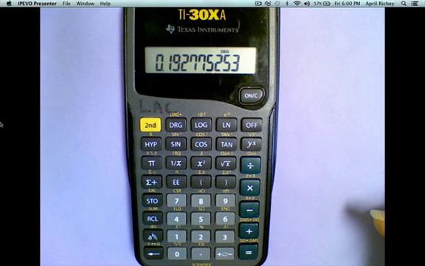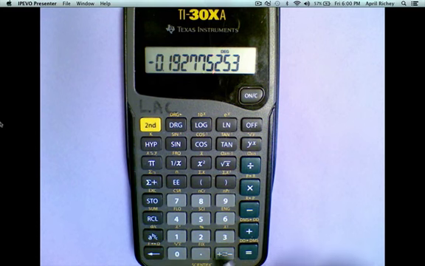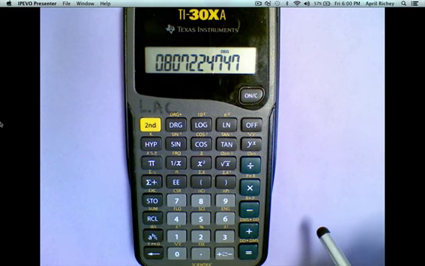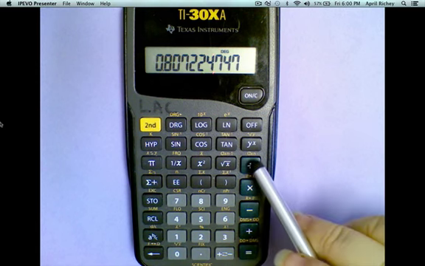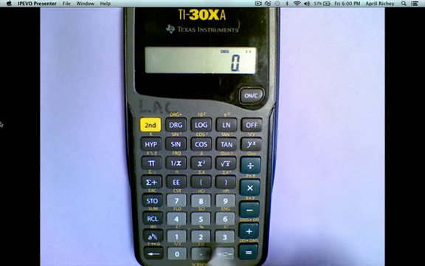Now I need to subtract this from 1, so I'm going to make it negative by hitting my plus or minus key, and then add 1 to it. So I get 0.8072. Next, I divide this by 0.055 divided by 12. So I have to say divided by parenthesis 0.055 divided by 12.